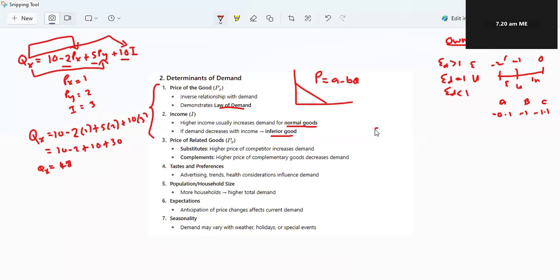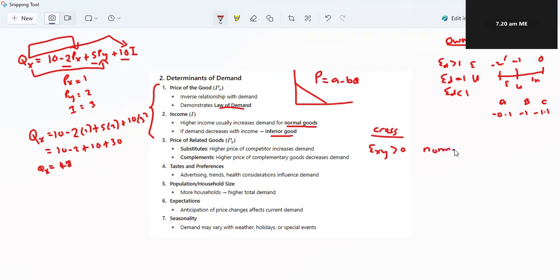When we go to cross price elasticity, what do we look at? The relationship between two goods, related goods. Here it is XY. If it's more than 0, meaning positive, this is called a what? A normal good. If it's less than 0, it means negative. This is what? An inferior good.